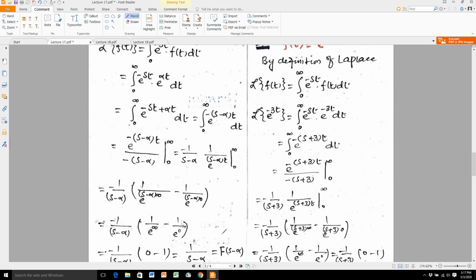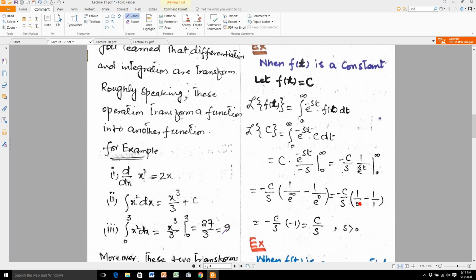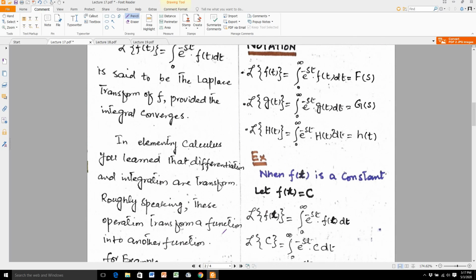Here I want to explain one thing more. Here e raised to the power minus s, the exponential function has power minus s, then you write it as F of s.